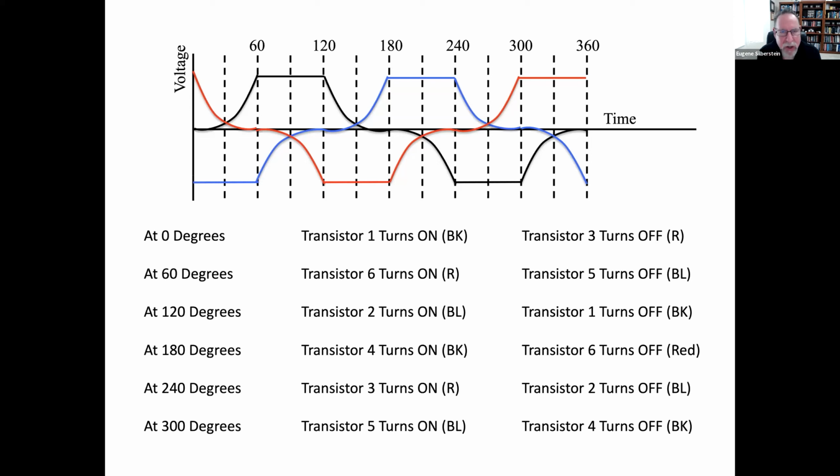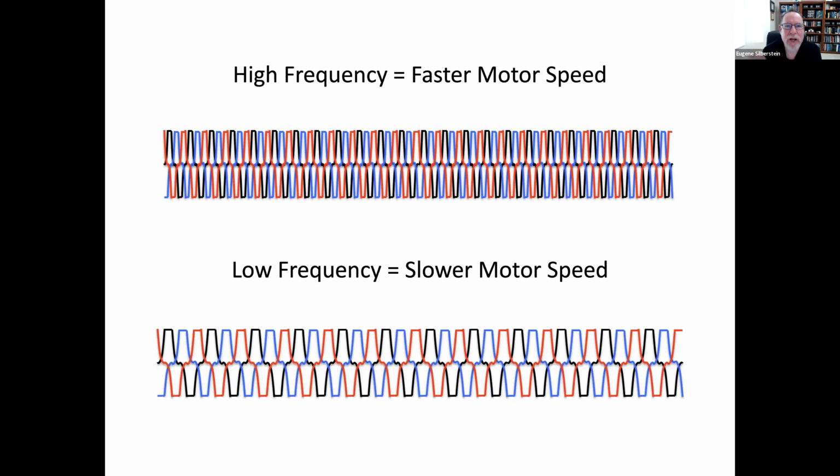As we increase or decrease the time lapse in between all of these instructions, the frequency of the motor is going to increase or decrease. As the frequency increases, the motor speed is going to increase. As that frequency drops, the speed of that motor is going to drop.